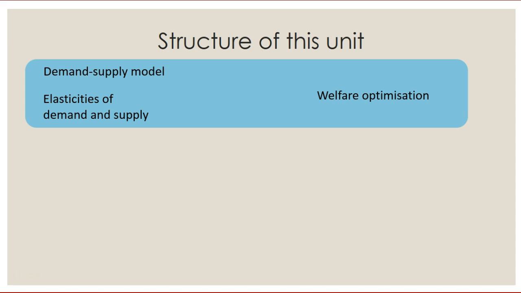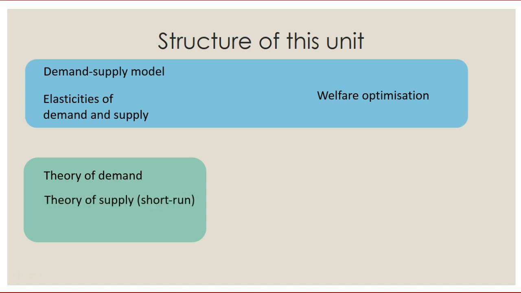After that, we'll actually do some, if you like, background on this model of demand and supply. So we'll look at what's going on behind the scenes, so to speak. So first, we'll look at the theory of demand, which explains the demand part of the demand-supply model.